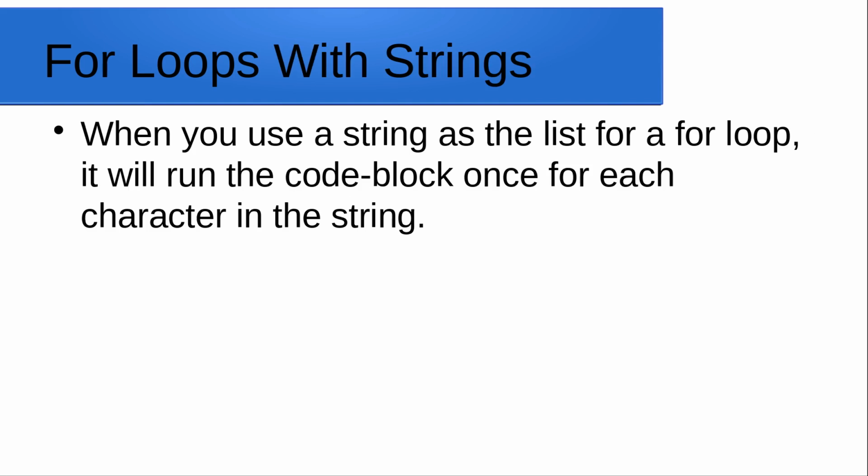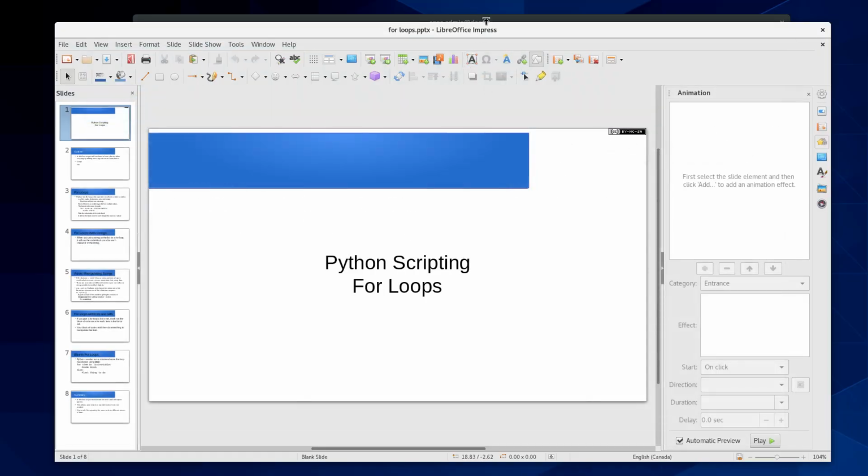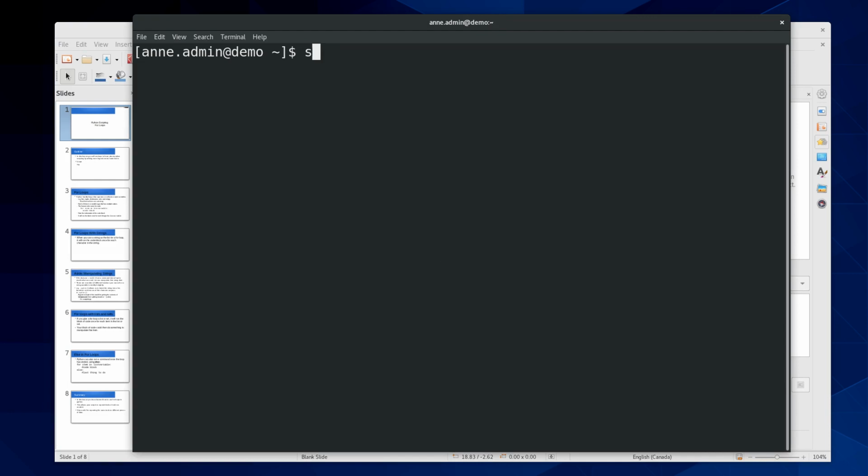So let's start off with a nice simple one, a for loop with a string. If you pass a string to a for loop, that block of code is going to get run once for each character in a string. And I realize as I'm saying this, I didn't set up a demonstration for this. So I'll just quickly write something up now, something nice and simple. I don't need sudo.